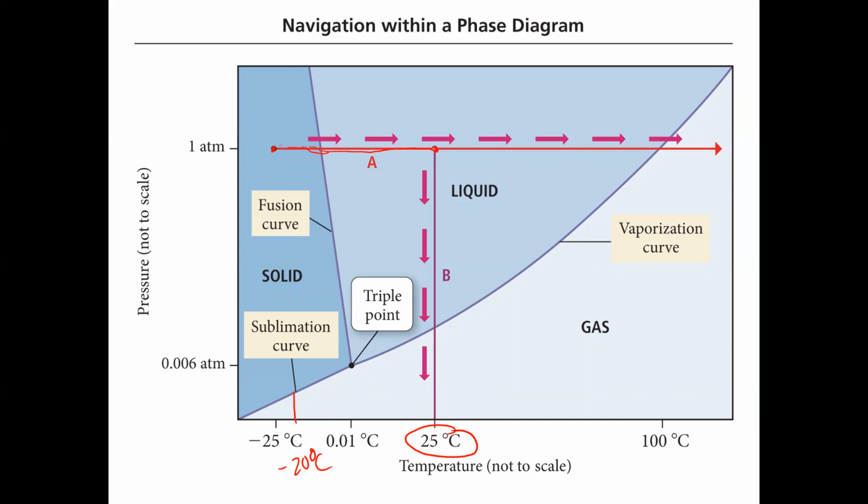So eventually, to get to 25 degrees Celsius, I have to heat up the solid, melt it, and then heat up the liquid, which starts at 0, all the way to 25 degrees Celsius. Now, I can keep going. I can go beyond all the way up to 100. I begin to boil and then to 110 or whatever, and then I'm a gas.